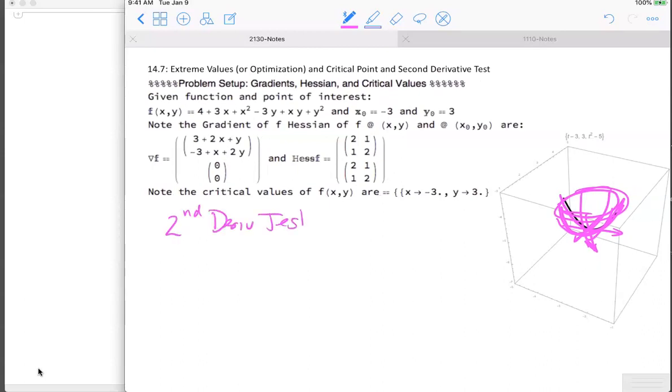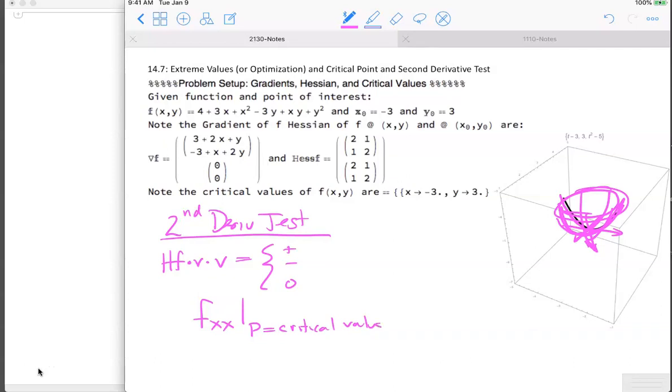The second derivative test will say, in any direction, did the second derivative come out to be positive or negative or 0 or something else? The key here was to look at fxx at the point P, which is a critical value. Here we can see from the Hessian that fxx is equal to 2, which is a positive number.